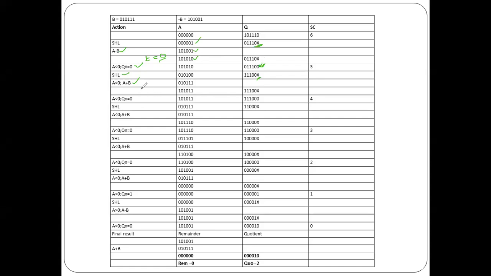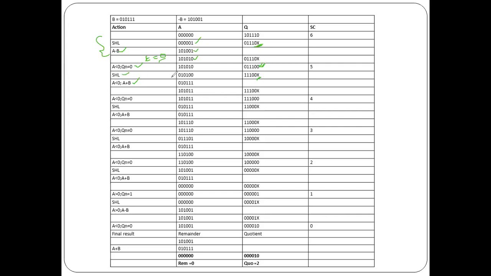See, initially we have to perform the subtraction after shift left. After that, based on the E value which was obtained after subtracting, we are making your Qn either 0 or 1. Since here we didn't receive E, I made my Qn 0.